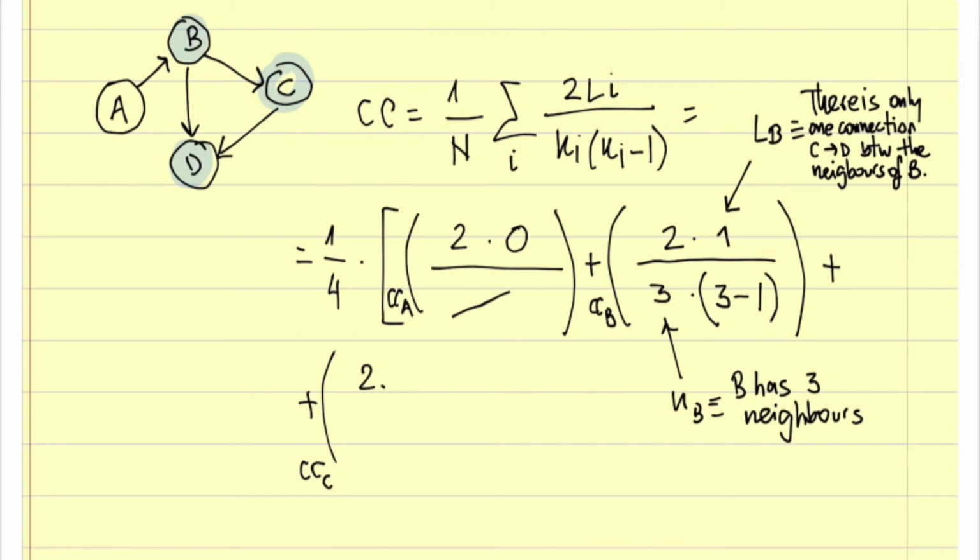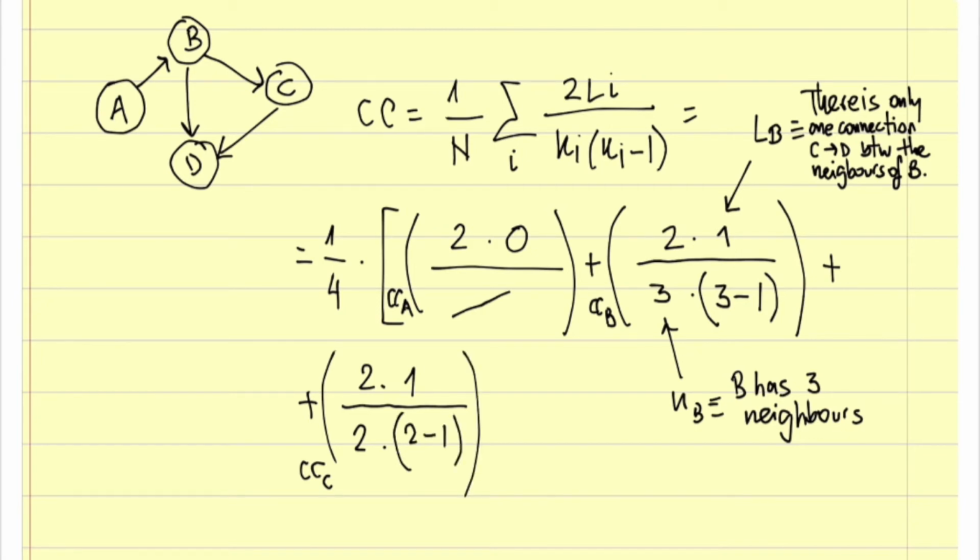How many relationships do B and D have to each other? 1. Very good. So here, this upper part is the same. Divided by how many neighbors has C? Only 2, right? So here is a 2, and then 2 minus 1.